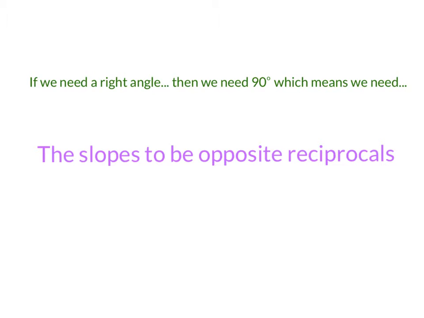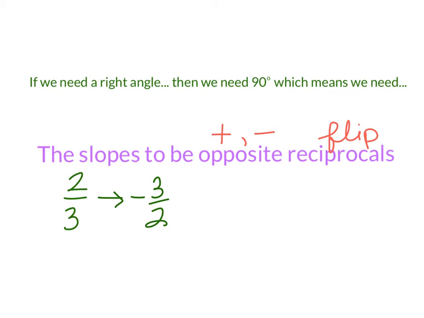Opposite reciprocals are when, if we have 2/3, then the opposite reciprocal of that would be -3/2. So we flip the fraction, but we also take the opposite of it. The opposite part is dealing with your plus and minus, and the reciprocal deals with flipping it.